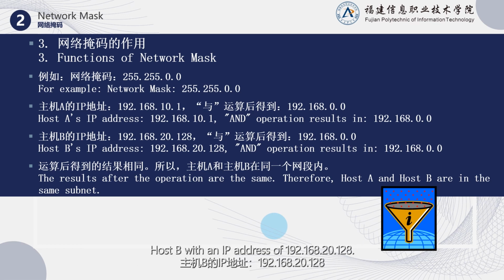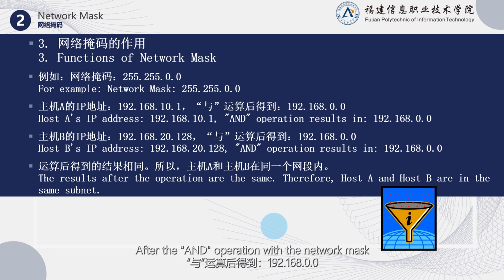Host B with an IP address of 192.168.20.128. After the AND operation with the network mask, we get the same network address as host A. Hence, both host A and host B are in the same subnet.